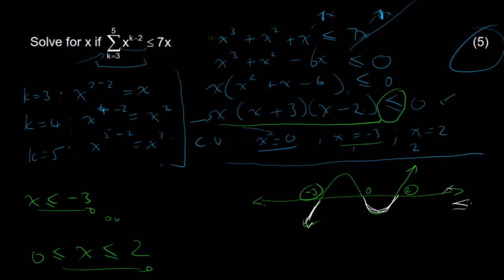So we can extend the concept from parabolas to cubics, because x ends up being less than or equal to -3, or x is greater than or equal to 0, less than or equal to 2, and these two concepts just match. So that's the extension of a concept.